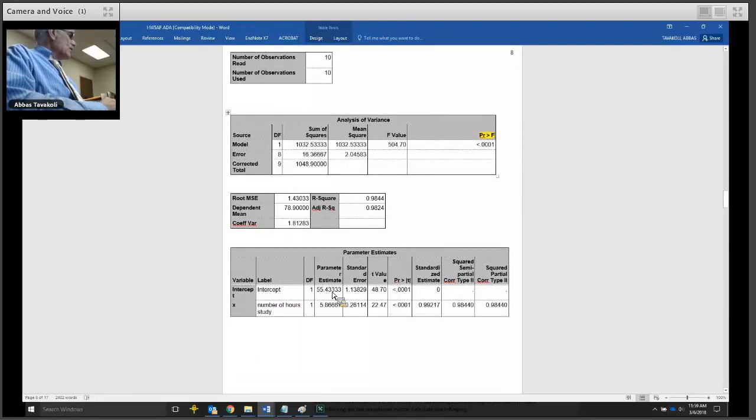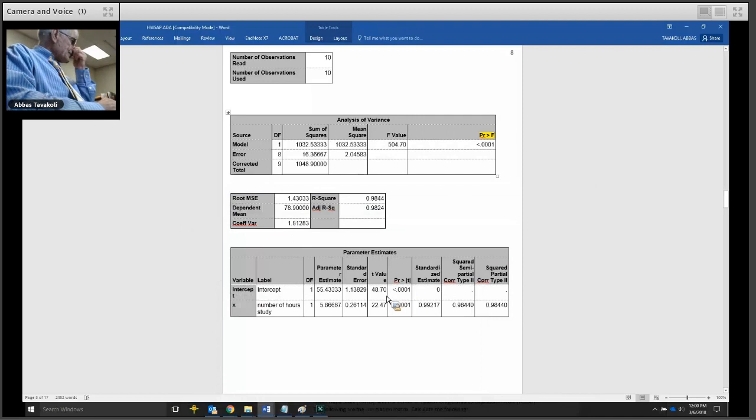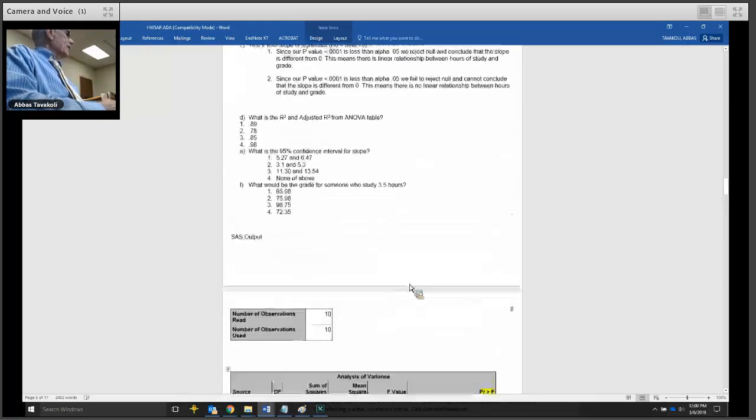This is your intercept, and this is your slope. So when you write your prediction equation, which is your outcome, your y hat equals your intercept plus your slope times your independent variable. So you can find it from here.